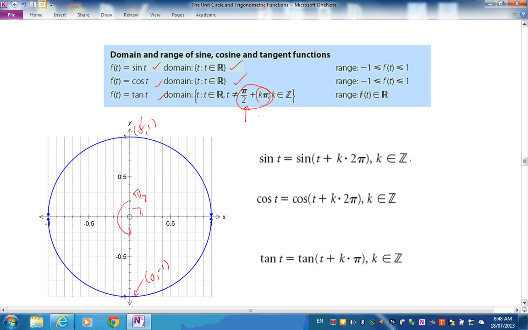So these are the points where tangent won't exist. Any pi on from a pi on 2. So if you go another pi, you're back to this problem. Okay, so that's what we're trying to say there, and k is a member of the set of integers, so it could be positive or negative.